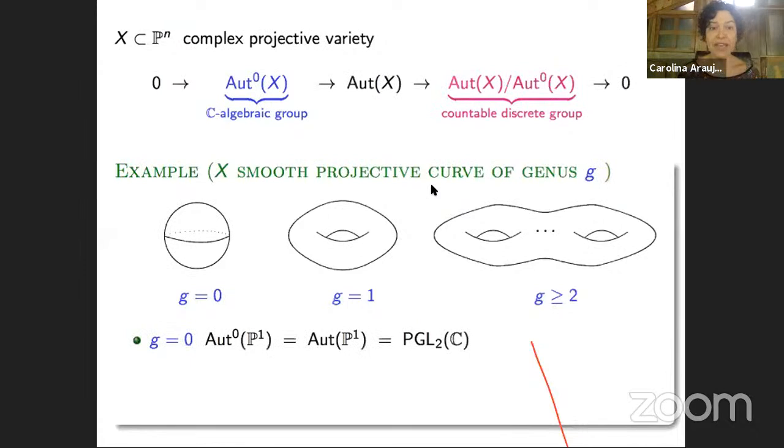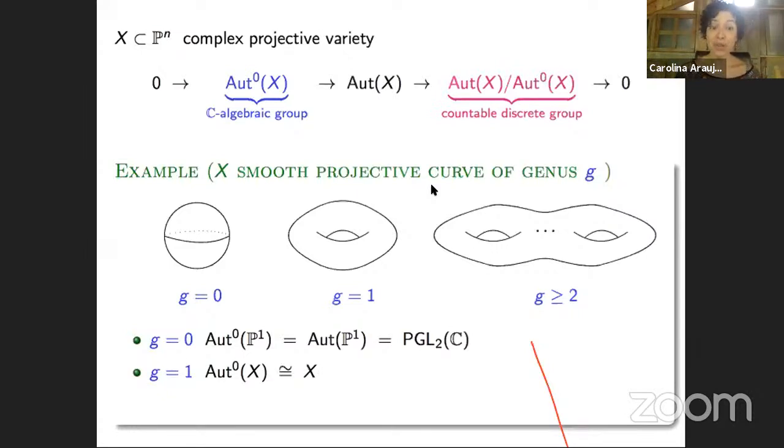In the first case, genus 0, this is just the Riemann sphere, the projective line P1. In this case, the automorphism group, as we saw before, is PGL2(C). This is an affine variety, so it has itself a structure of algebraic variety.